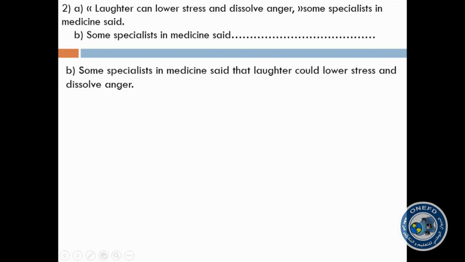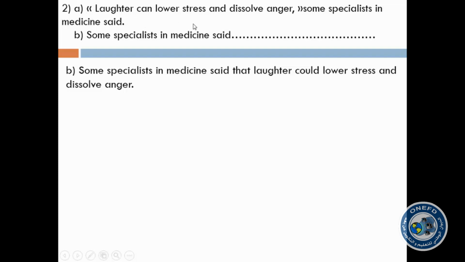So our second sentence, A: "Laughter can lower stress and dissolve anger," some specialists in medicine said. Our statement, laughter can lower stress and dissolve anger, is between quotation marks. So look at it.